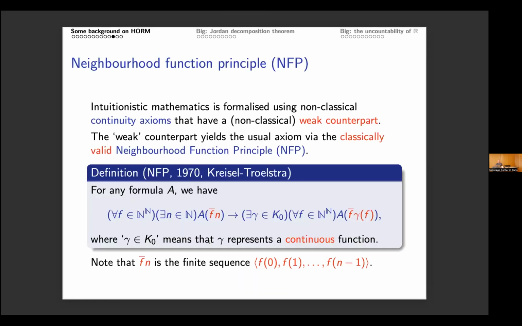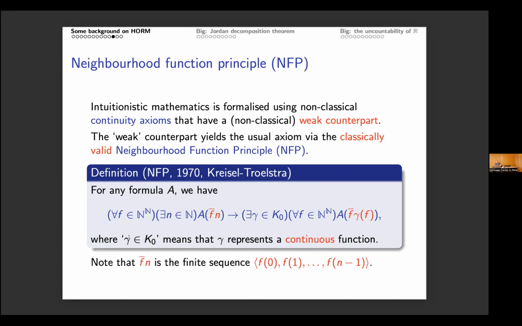And here it is. Here you go. So it has a definite choice aspect to it. For all there exists, then there is a choice function. So gamma in K0, where K is for Kleene, means that gamma is a Kleene associate, which you know as reverse math code. Of course, when Kleene was alive, reverse math codes didn't exist yet. They were called Kleene associates.